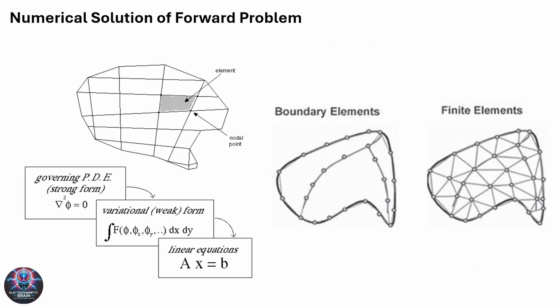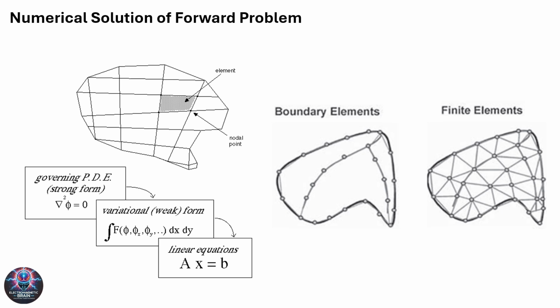To solve the forward problem in EEG and MEG, which involve partial differential equations, PDEs, for electric and magnetic fields, numerical methods are employed. The process begins by translating these PDEs into linear matrix equations, as illustrated in the schematic on the left side. Numerical techniques such as the finite element method, FEM, and boundary element method, BEM, are used for this conversion. Both methods involve discretizing the head model into a mesh.